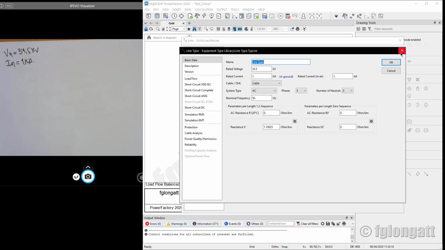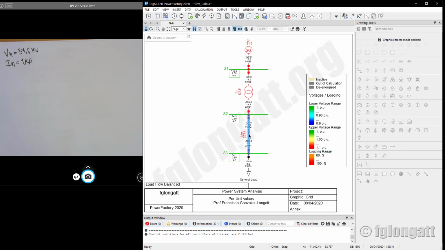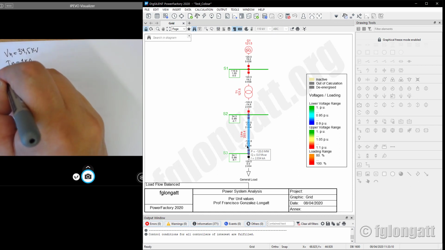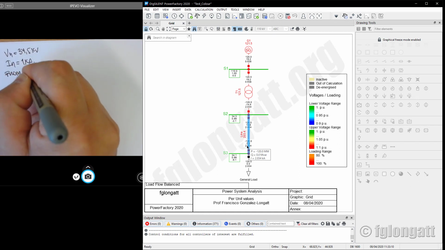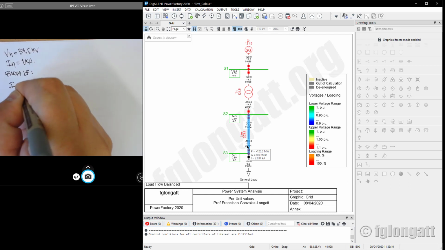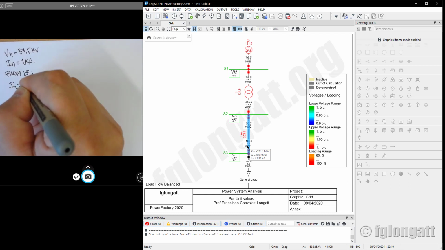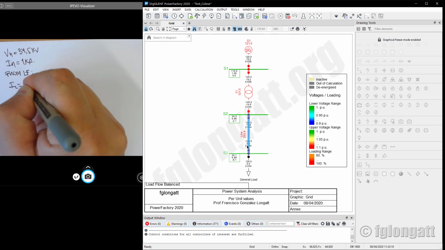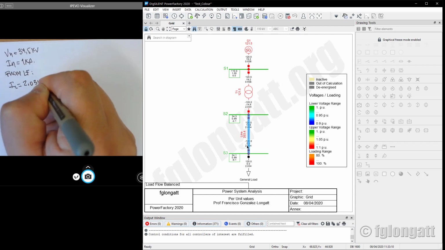And now the question is, from the load flow, how much is the current that is happening there? From the load flow, the results say that the load current over there is 2.034 kiloamps.